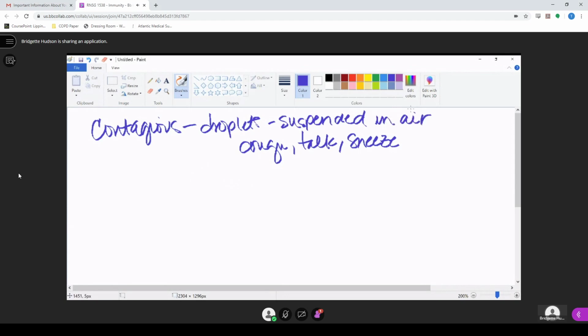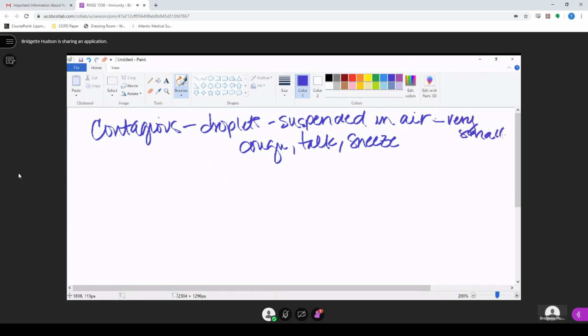Because, is this a big or small bacteria? Big or small? I need you to answer. I can't see the chat. Very small. It's very small.